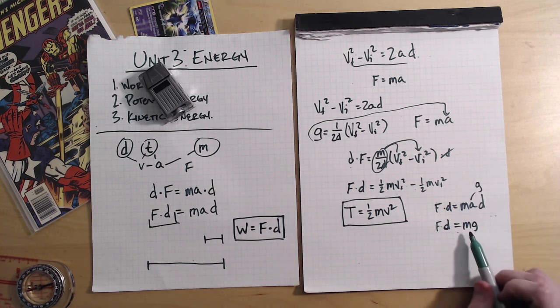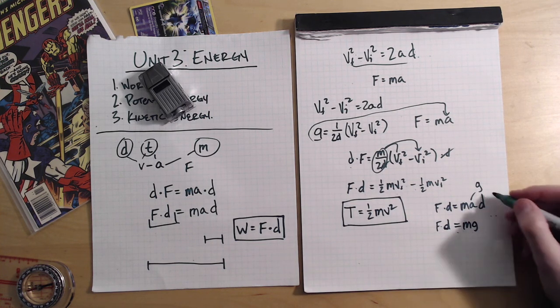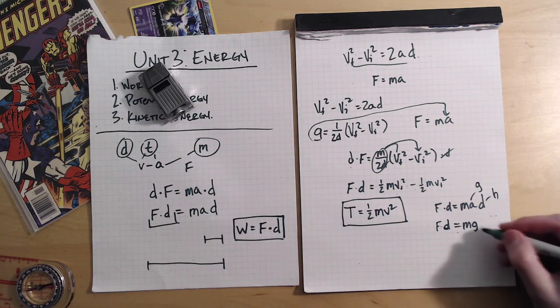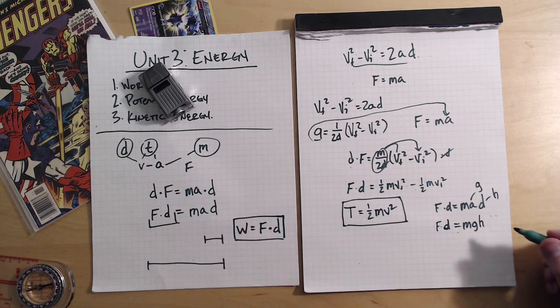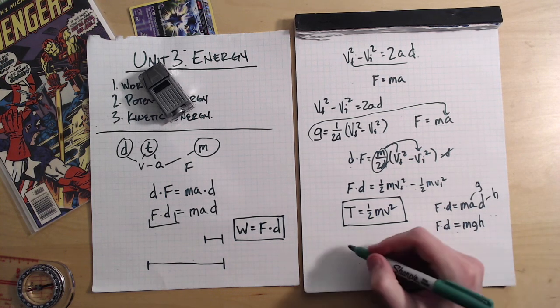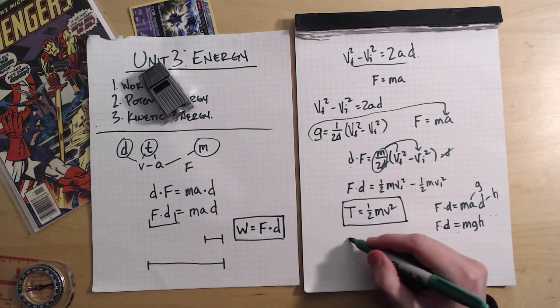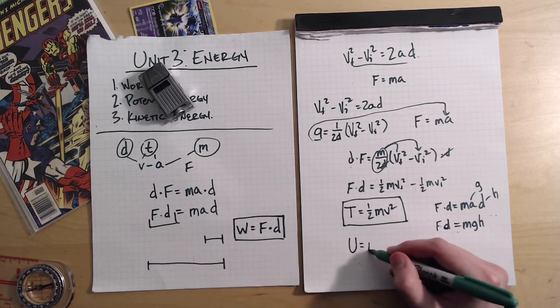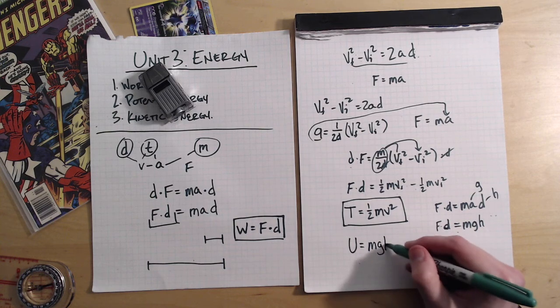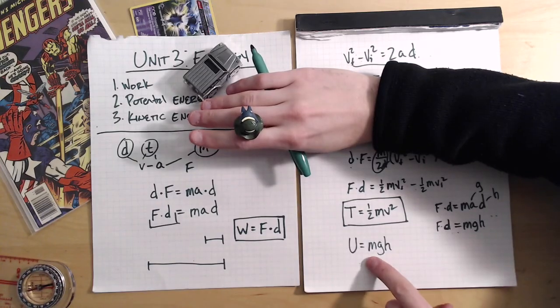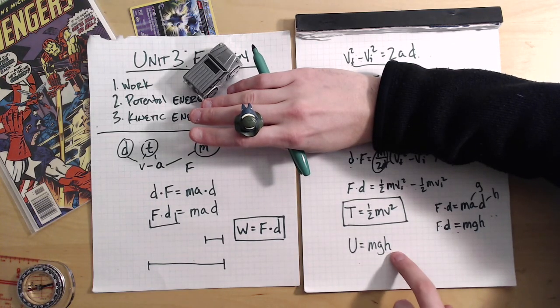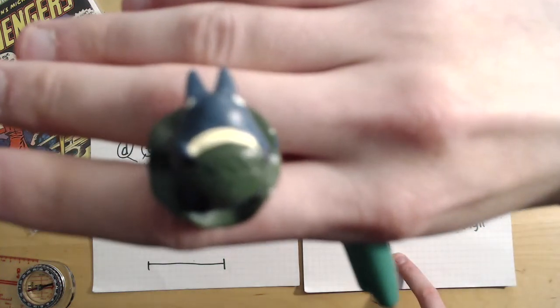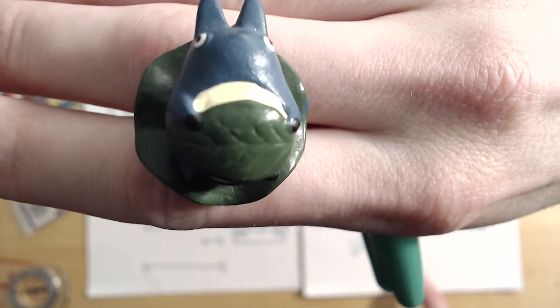So if we're going to apply a force against gravity, and we're going to replace d with a certain height, we get another equation called potential energy, and I'm going to represent potential energy with a u. Mass times gravity times height. So if I have a mass and I'm going against gravity and I'm lifting at a certain height, I'm going to give it potential energy.